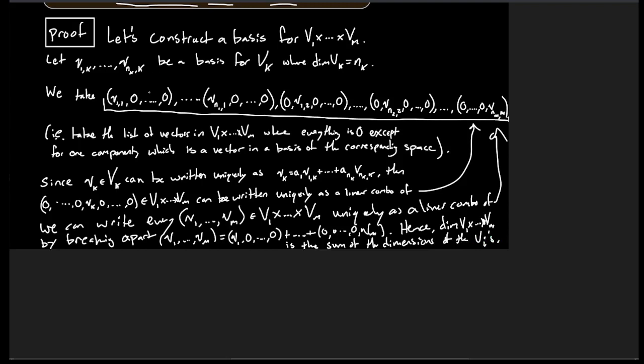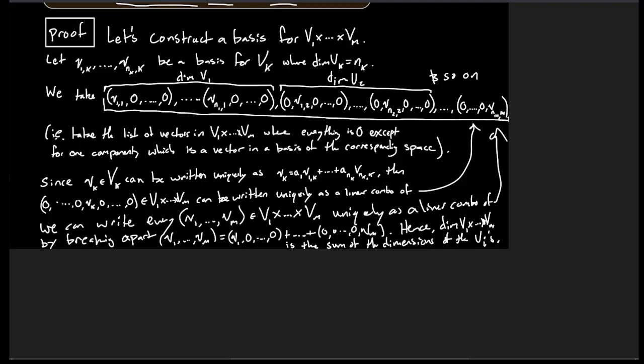That is, each one of these, notice there are dim v1 things here. Here there are dim v2 things, and so on. That is, if you add it all up, it's the dimension of v1 plus the dimension of v2 all the way down through the dimension of vm. That's how many things are in this list.